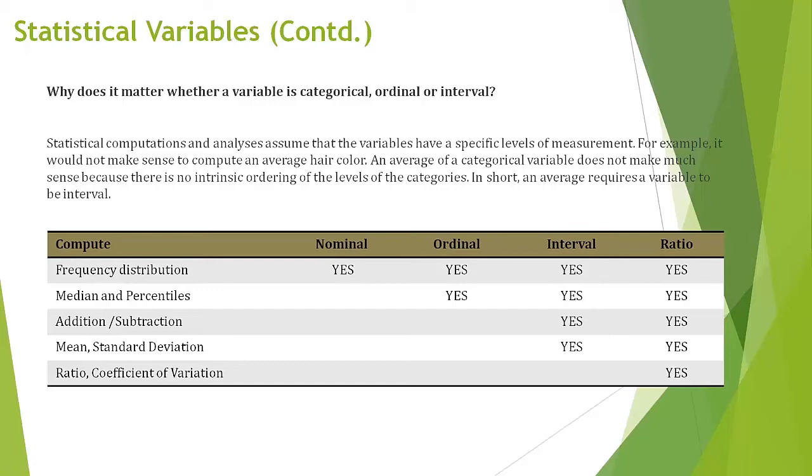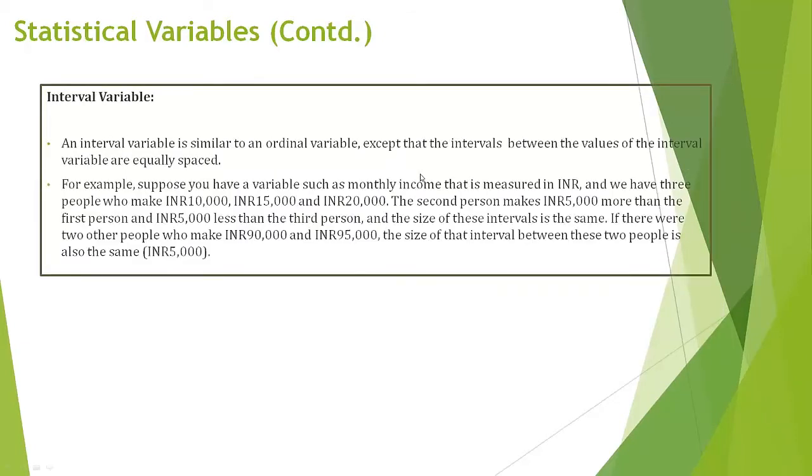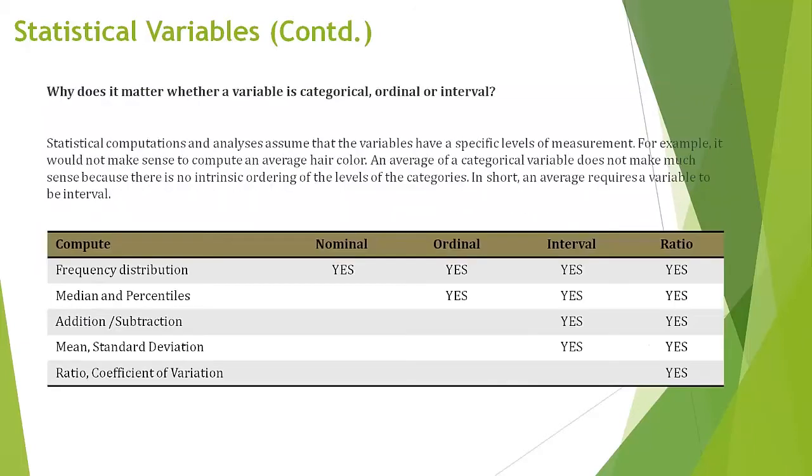You could calculate percentiles on them, you could add or subtract them, you can have a median or standard deviation, you can have a coefficient of variation. All these things are applicable for ratio variables, but for interval variables you can't have a ratio. You cannot have a ratio. So that's the definition of it.